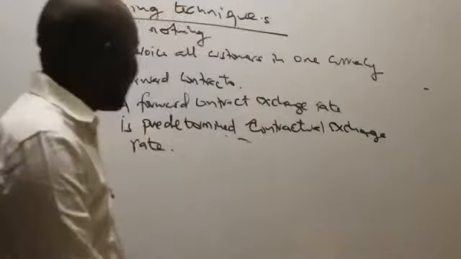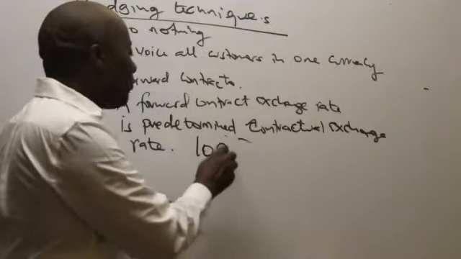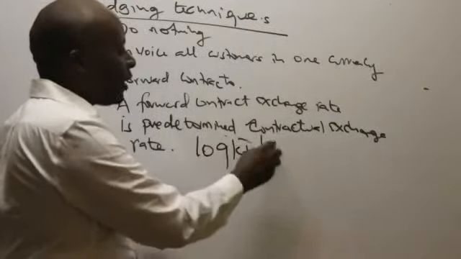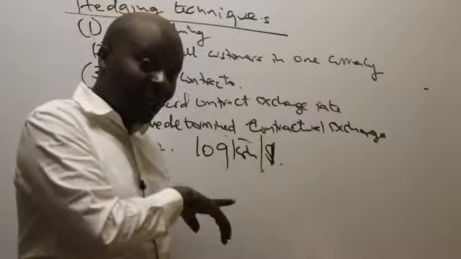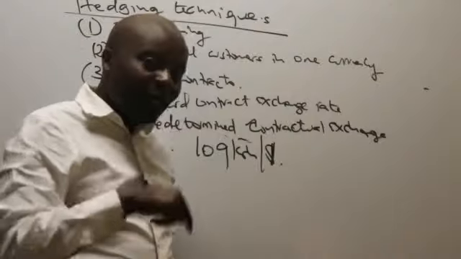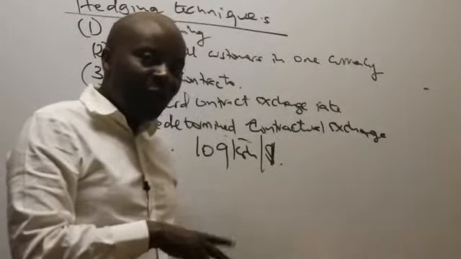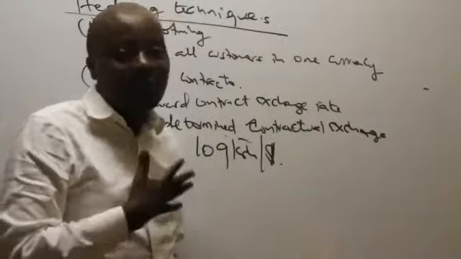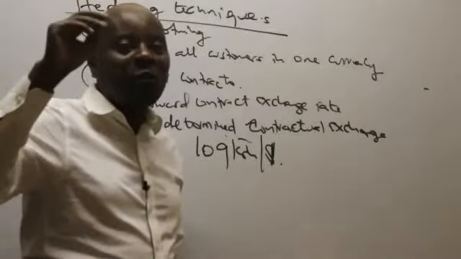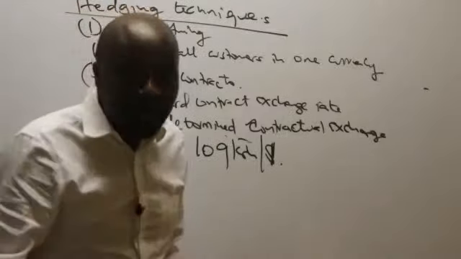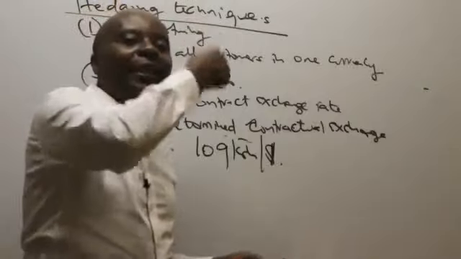Because if we agree that on this particular date they are going to give me 109 Kenya shillings per dollar, it's contractual. On that day, if the dollar is going for 106 or whatever, it doesn't matter. They have to give me 109. The downside is that if the dollar is going for 112, I cannot run away. It's a contractual thing which was determined in advance.